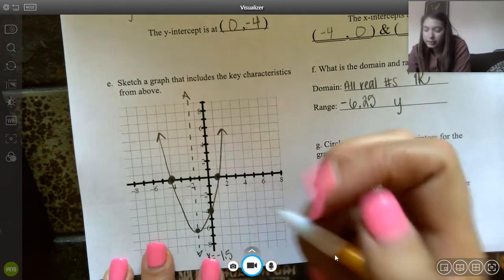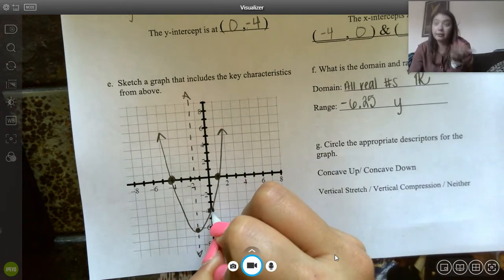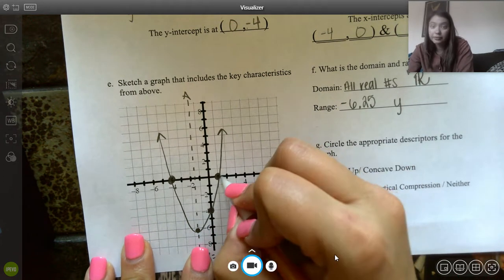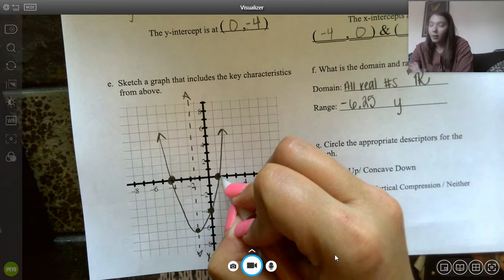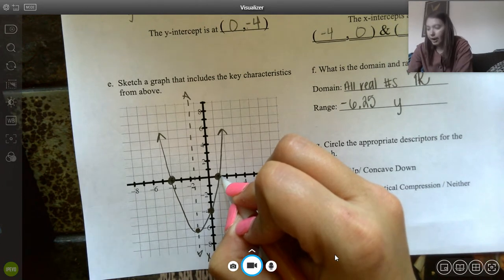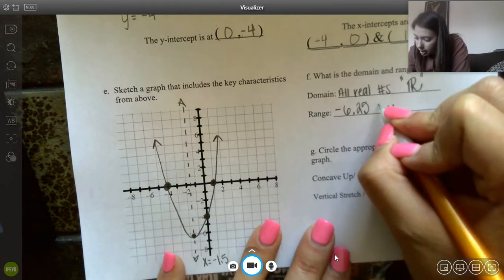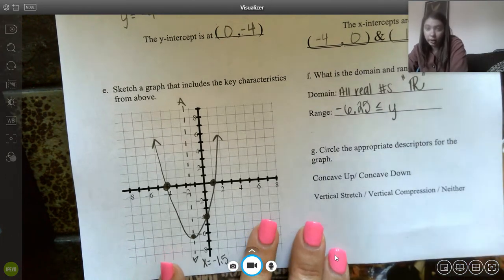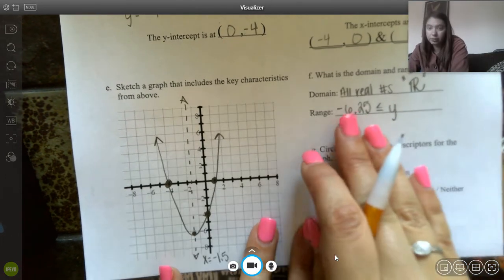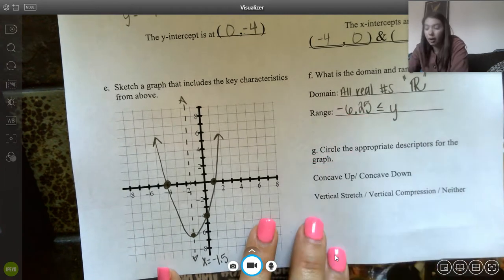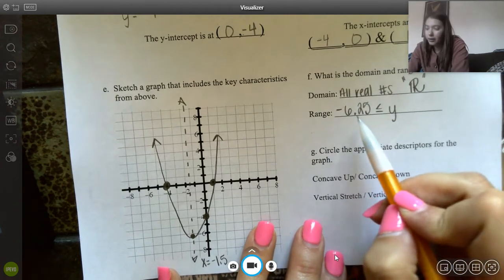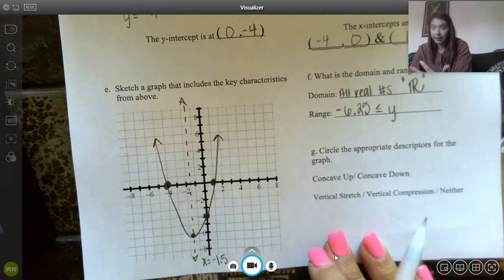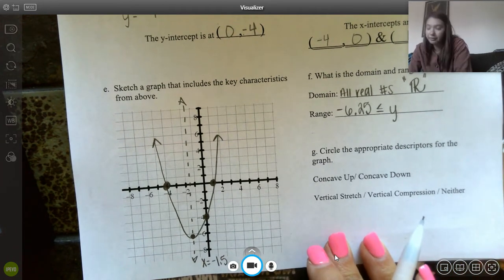Like if you use this point right here, negative 4 is bigger than negative 6.25. If you took the y value of 0 right here, 0 is bigger than negative 6.25. So your y value is going to be greater than or equal to negative 6.25. So that's how we would start the inequality. Negative 6.25 is less than or equal to y, because negative 6.25 is the very smallest value you can have.